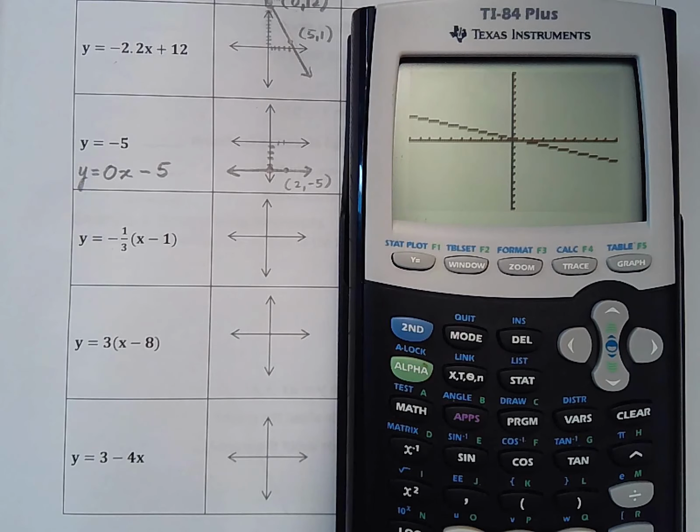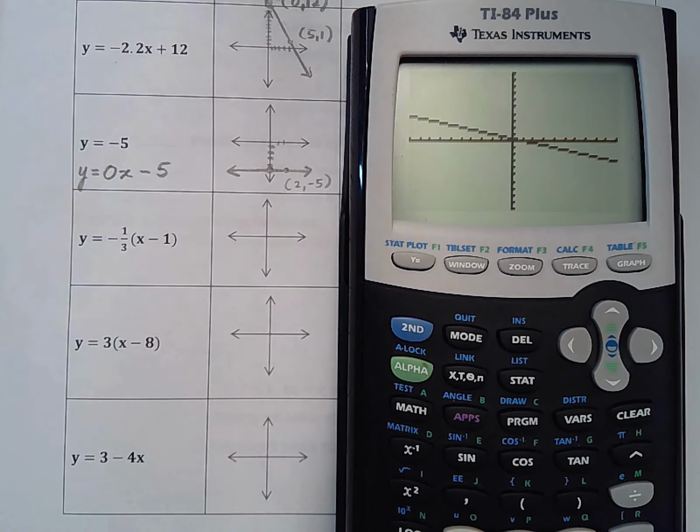Okay, so what does that look like? Yeah, we have to be careful with when I put in the negative and when I put in the minus, okay?